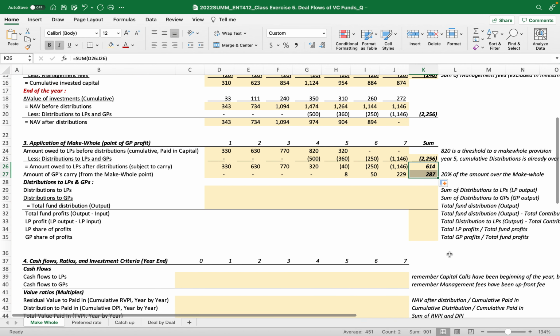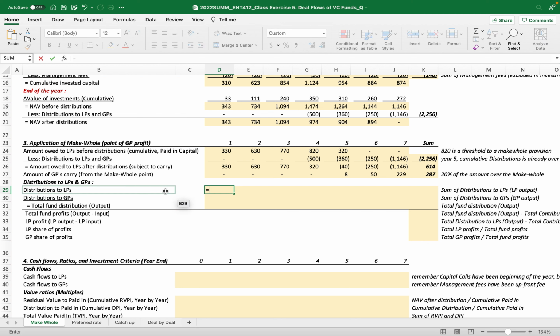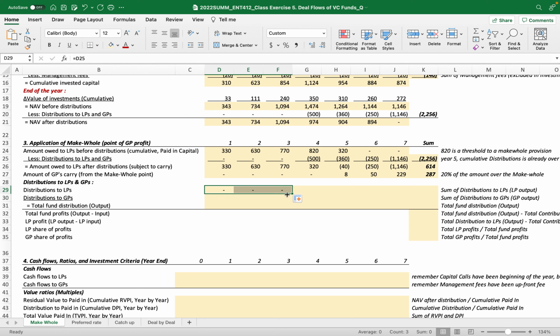Okay, then let's take a look at what is the actual amount of distribution to LP in total, right? So distribution to LP, now there's no distribution at all. Here, distribution to LP, 0, all the way to year 5, 0.